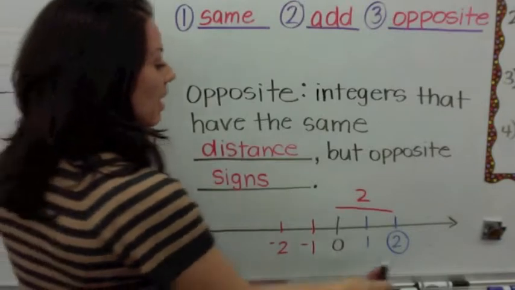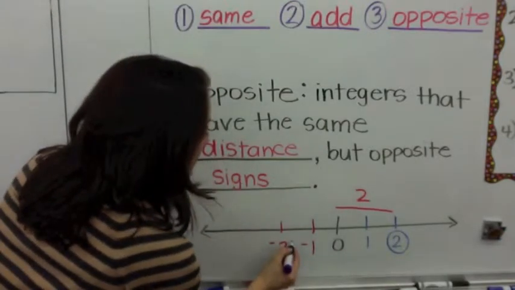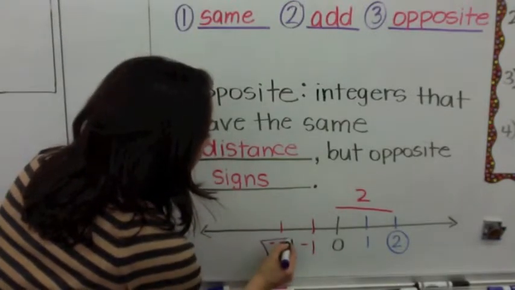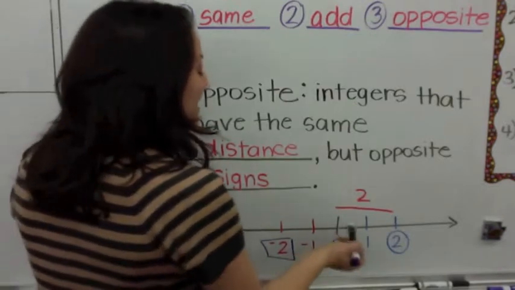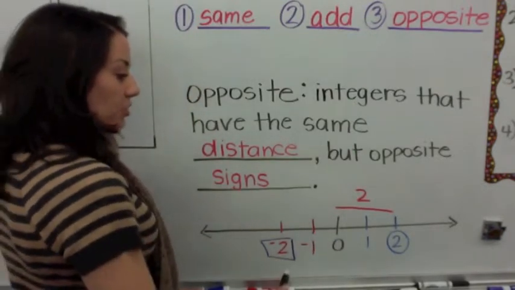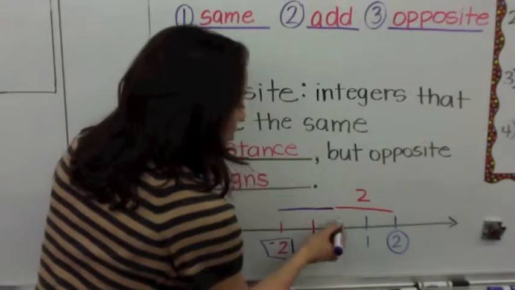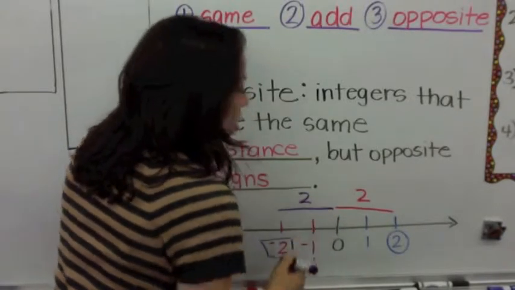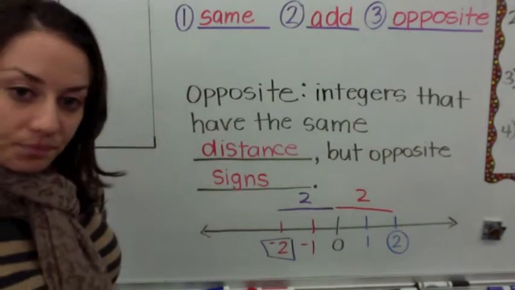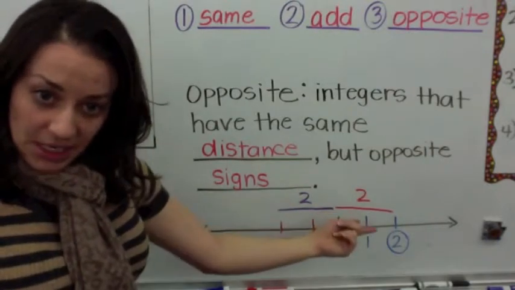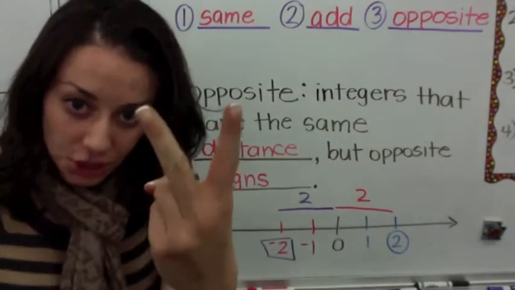If the opposite of 2 is negative 2, what's the distance from 0 to negative 2 on the number line? Let's look. 1, 2. So the distance is the same. From 0 to 2, the distance is 2.